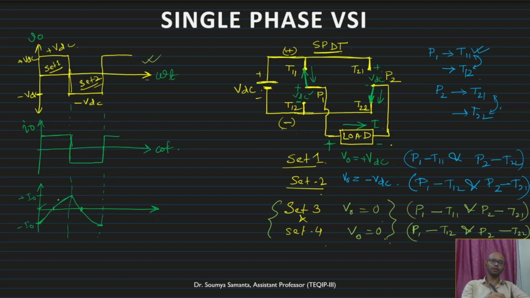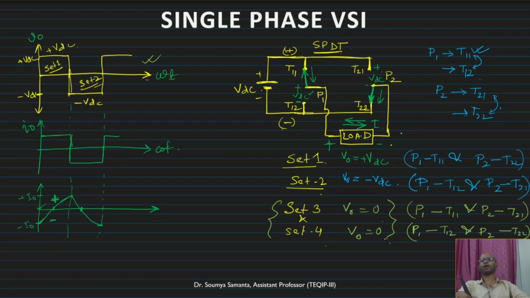Now if you observe here, under the condition of set 1, we are getting both positive current and also negative current. So the current direction in the load is bidirectional, fairly dependent on the type of load you use.